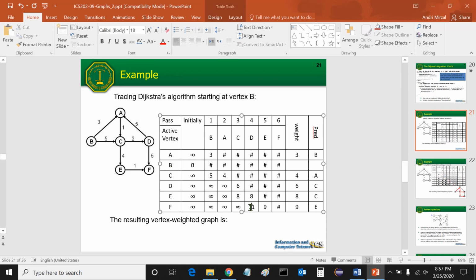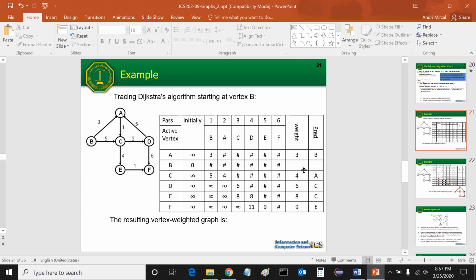That's why the predecessor of F is not D, but E, because we travel to F using the shortest path, and we reach F by traveling through E. Okay, something like this, everyone.